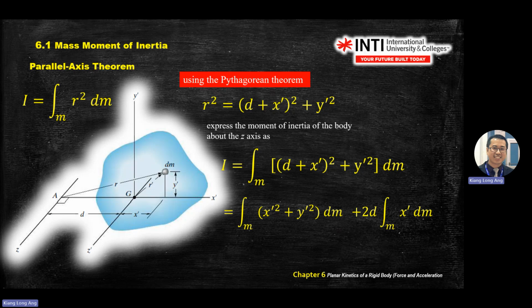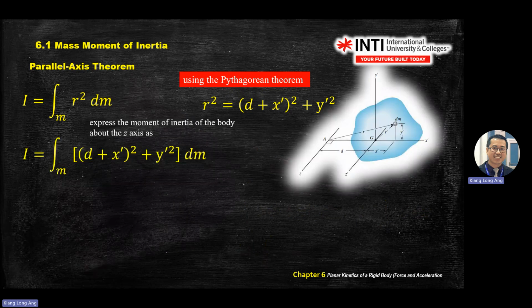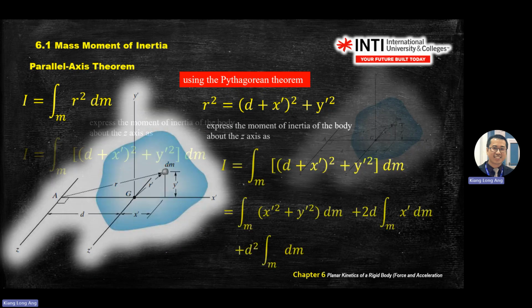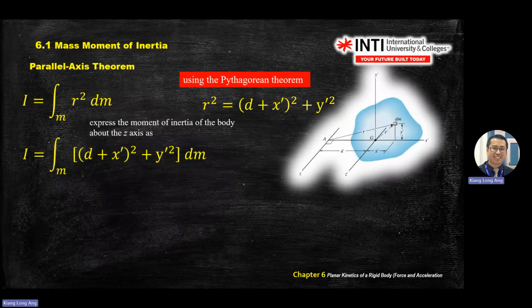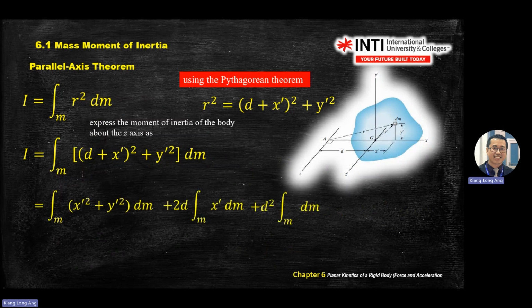You can work this out during your revision time. There are actually three, with one more with the d square. So what are the three components if you integrate this one?